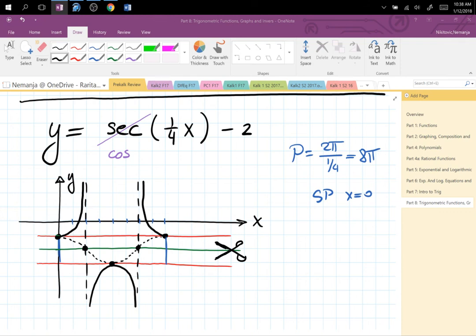So U shape up, U shape down, and you have your secant graph, which corresponds to cosine, one we just did, where you have these puppies, and then cosine would do this, and you would have your U shape down, U shape up. It was a half a U, but these are the basic four graphs. If you master the sine, everything else is the same. You have an extra step to worry about in each other case.